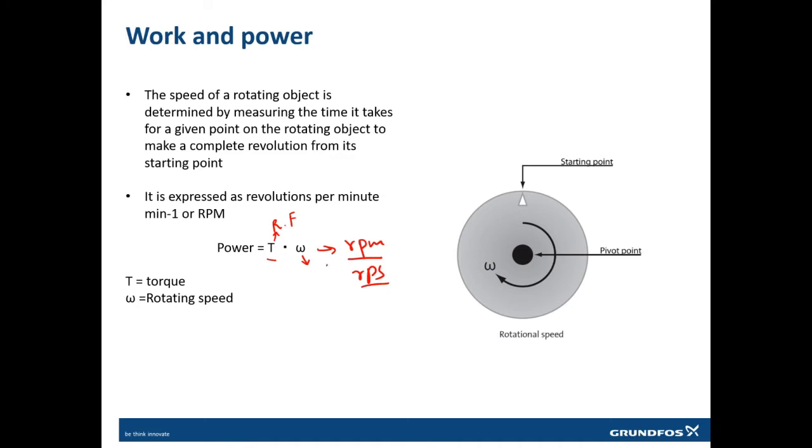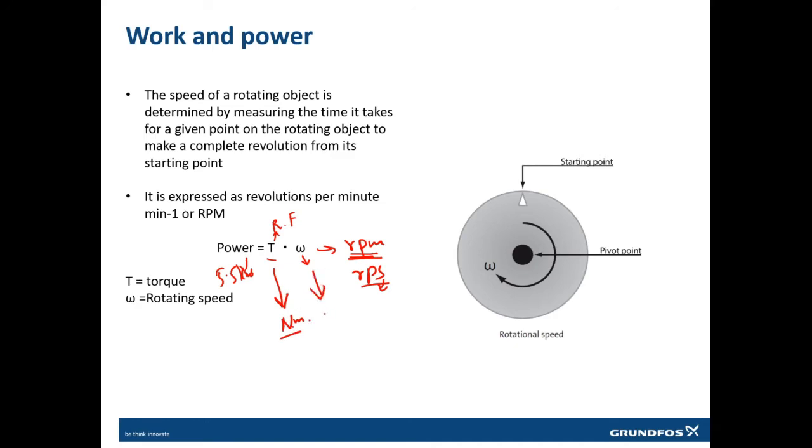Actually in the formula it goes by second because this is a metric formula, but in the normal world we talk about RPM. So a motor power, if we say 5.5 kilowatt, is defined that it can give some power, in Newton meter, at some speed.